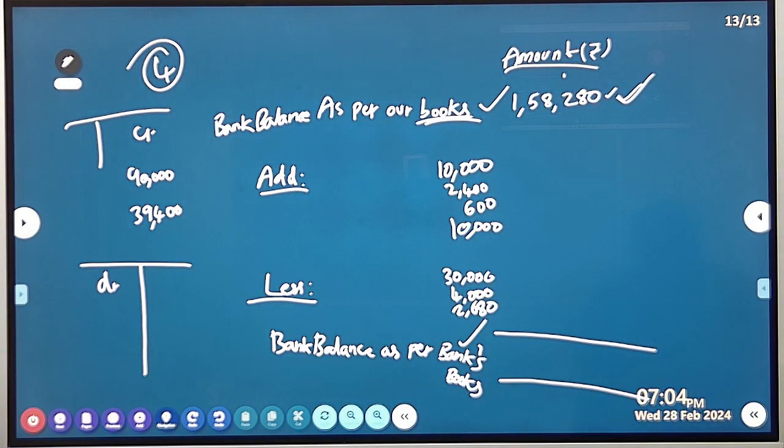They have done wrong only, but to arrive at their balance we have to also book this amount.